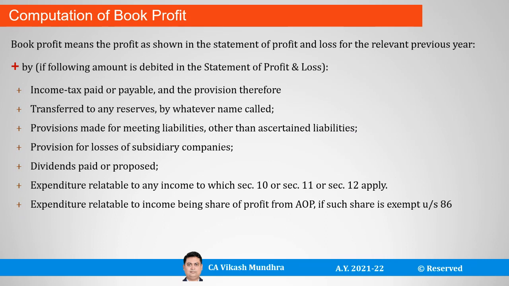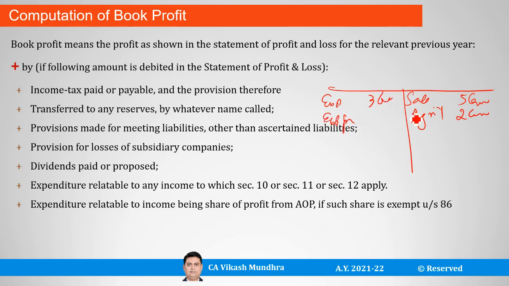Got it? Now next, expenditure relatable to any income to which section 10 or section 11 or section 12 apply. Let me put this into a simple example: sale, say 5 crore. There is agricultural income, say 2 crore. Expenses 3 crore. Expenses for this agro income, say 1 crore.